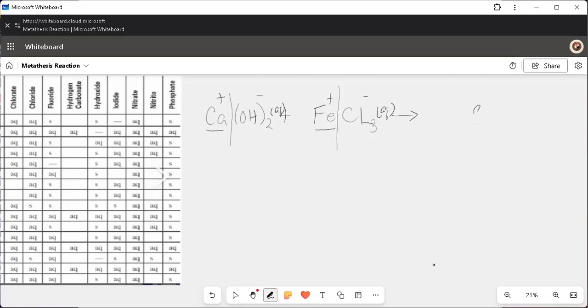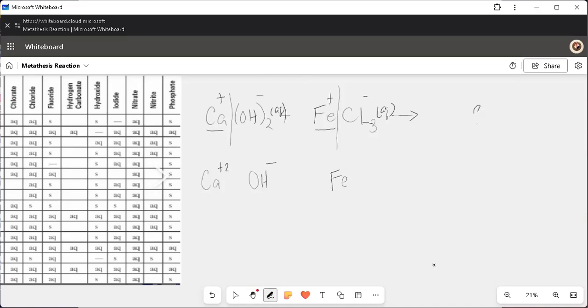Now, in the table of charges, calcium will take positive 2 because it belongs to family 2A, and calcium is not an element with multiple charges. Here, you have the OH, and you know that OH is a polyatomic ion, so it will have a charge of -1.